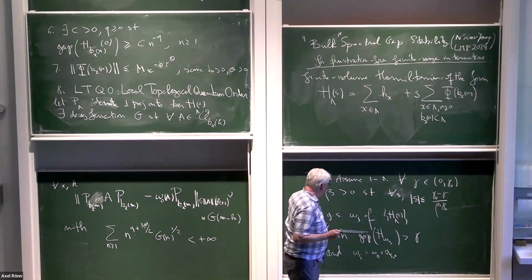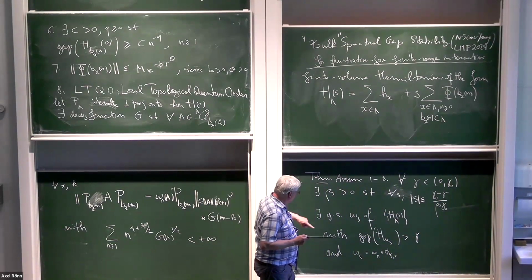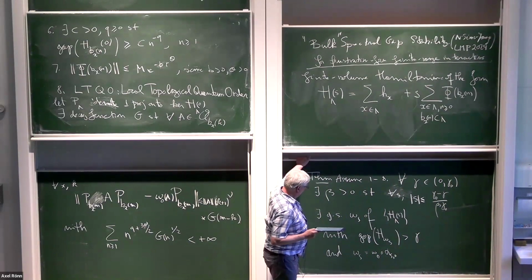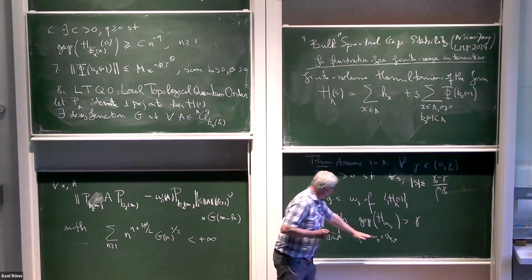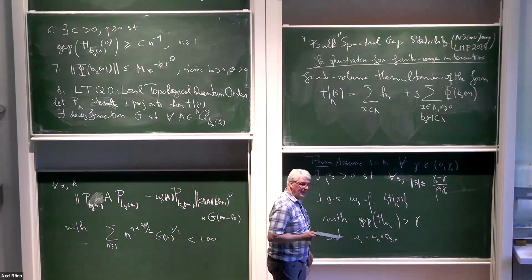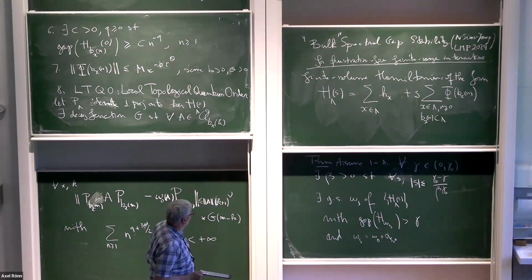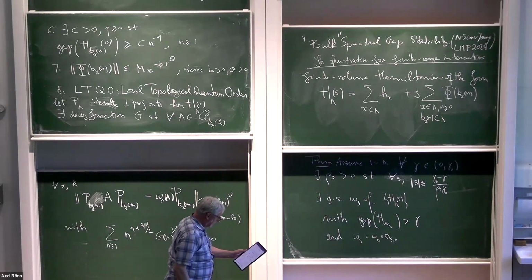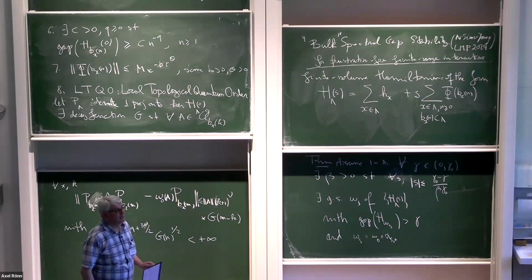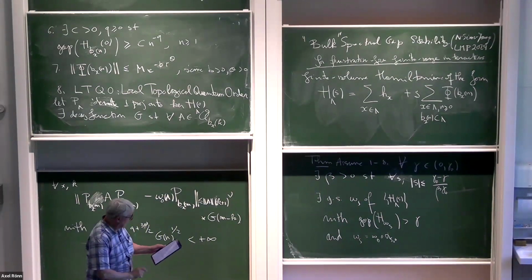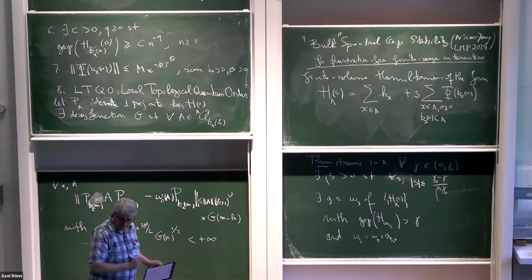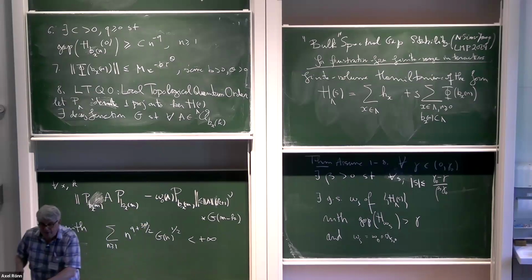I use this phi to create a Hastings generator. Then I get alpha, the quasi-adiabatic evolution, will produce the ground states of the perturbed model, and I will have an estimate for the gap. But it's 3 o'clock. And so I will leave it at the statement and maybe just show you an application.